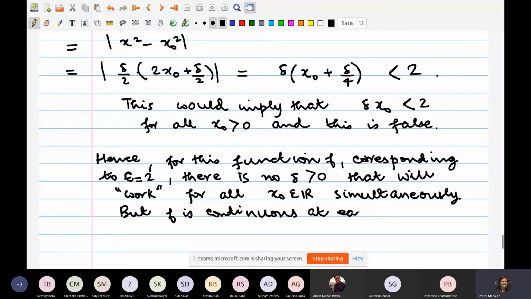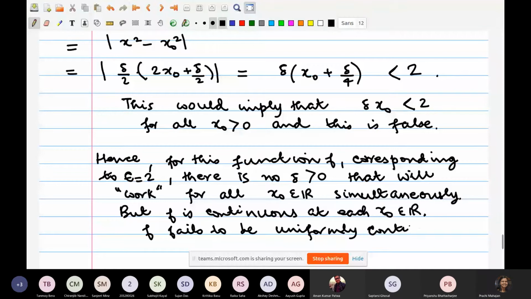But the above discussion shows that f fails to be uniformly continuous on the real line. As I said last time, uniform continuity is a statement about a set. It's a property of a function on a set, whereas continuity can be defined at a point.